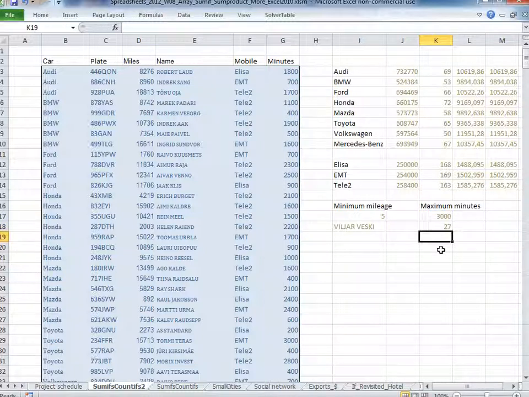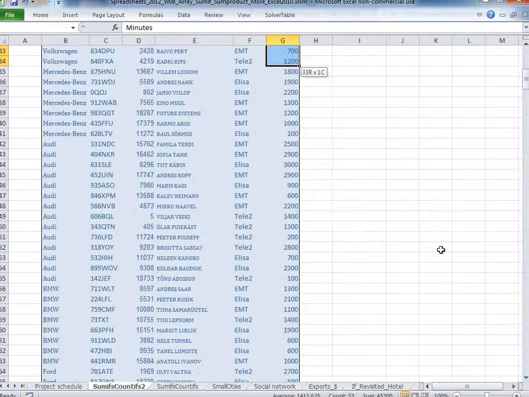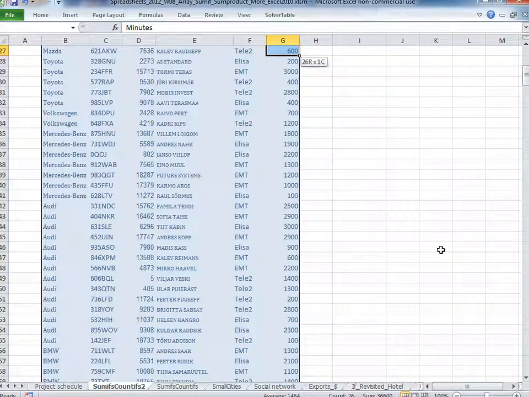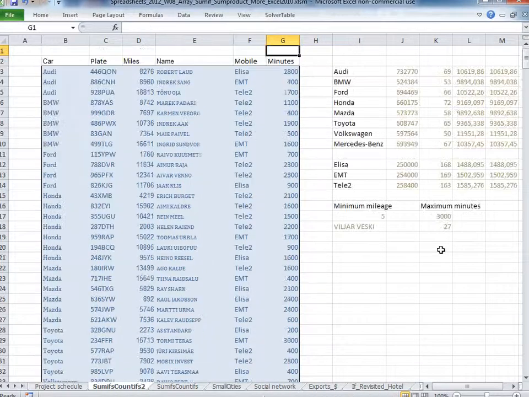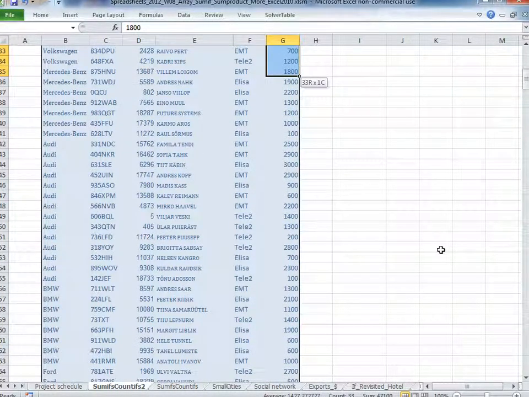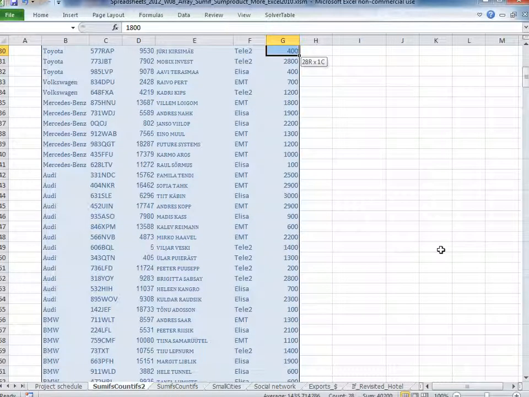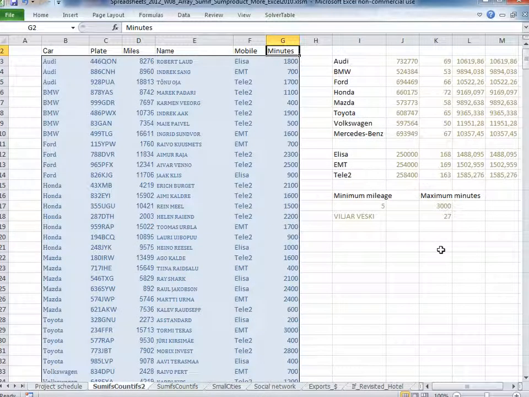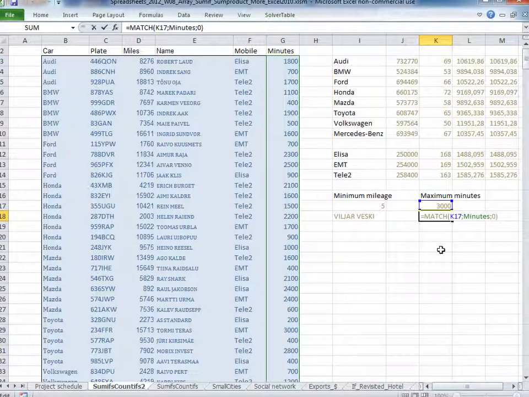Let's see if we can find that one as well. 27th. Yeah, if we don't include the word minutes itself, it's going to be on 27th row. Yeah, here it is, 3,000. And now we know that MATCH is on 27th row.